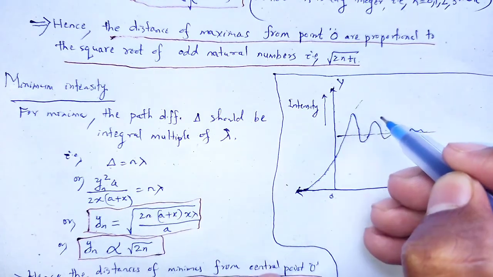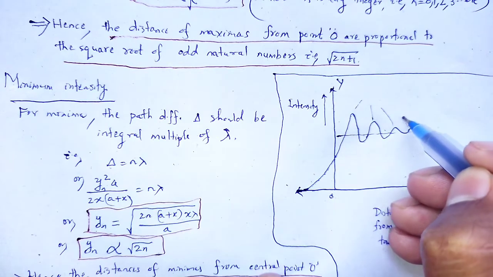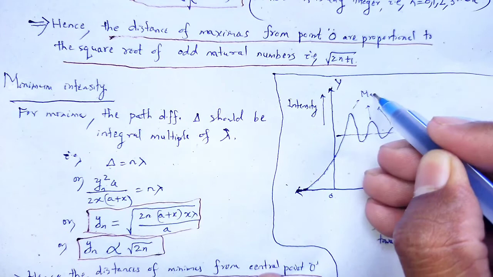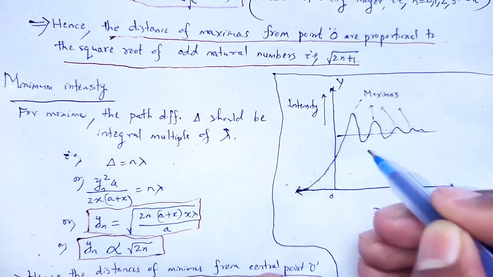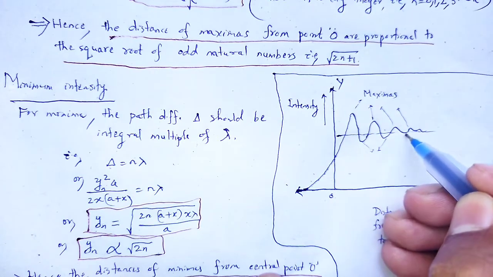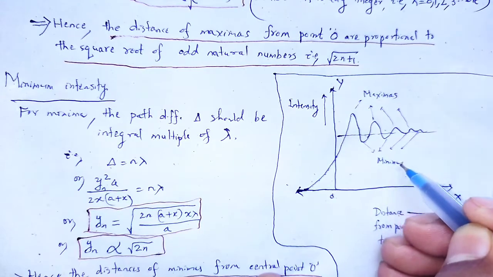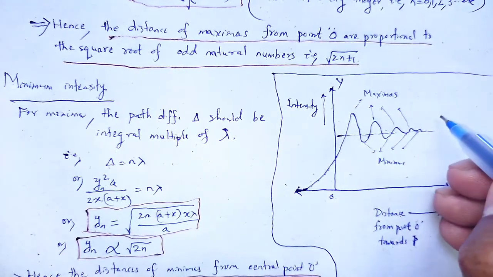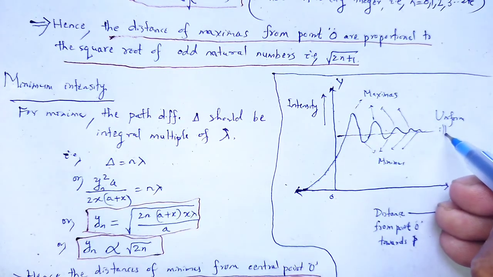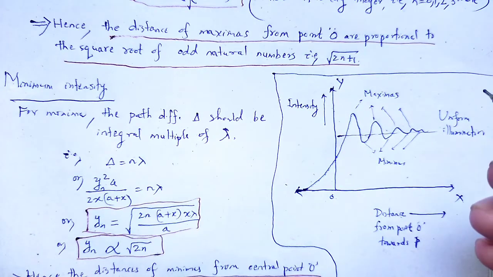These are the maximas and these points are minimas. After that we have uniform illumination.